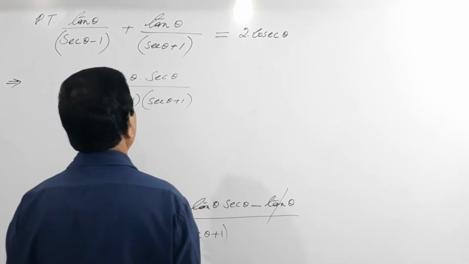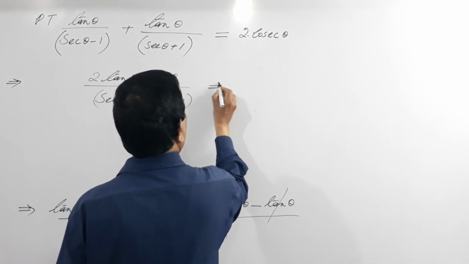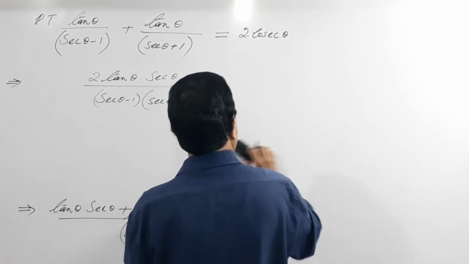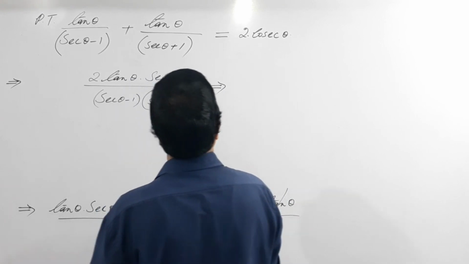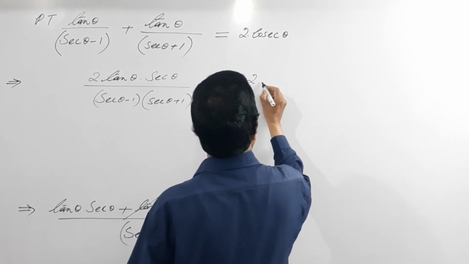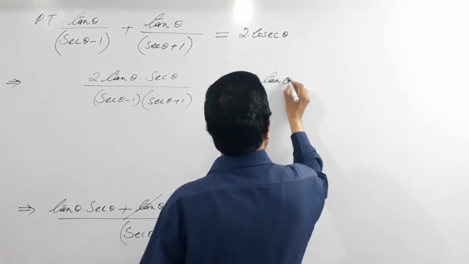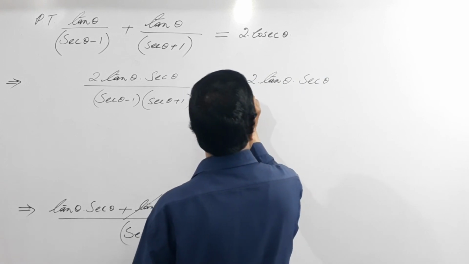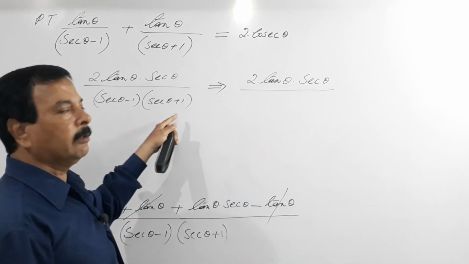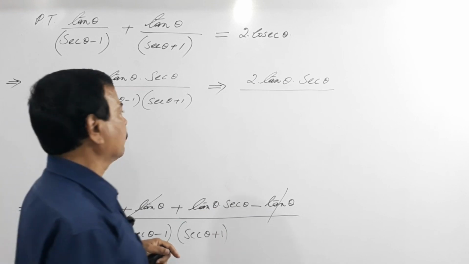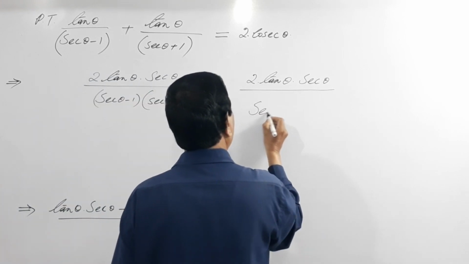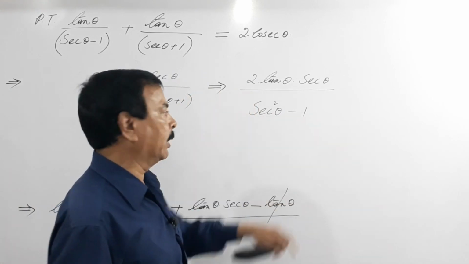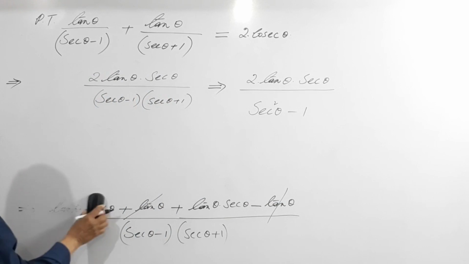So this further becomes 2 tan θ into secant θ, this is a minus b into a plus b, that is a square minus b square, so this becomes secant square θ minus 1 square, 1 square is nothing but 1.